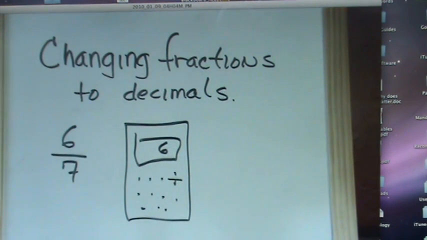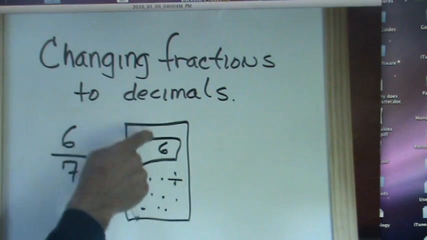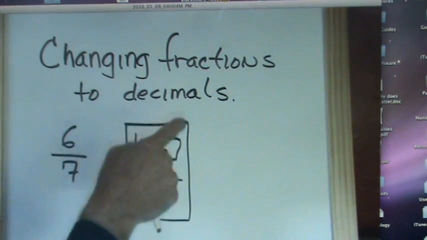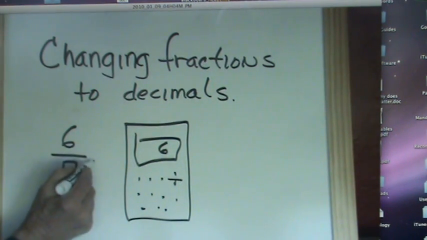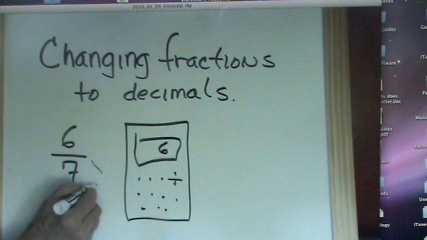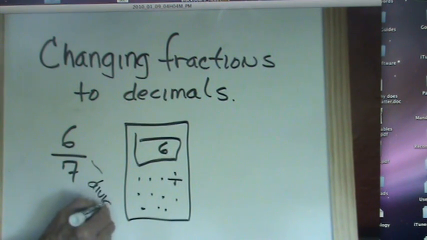So when you're using a calculator, it's not that it's tricky, but you have to understand, if I'm dividing 7 into 6, I have to put 6 into the calculator first, and then I am dividing by 7. And by the way, this line here really means divided by.